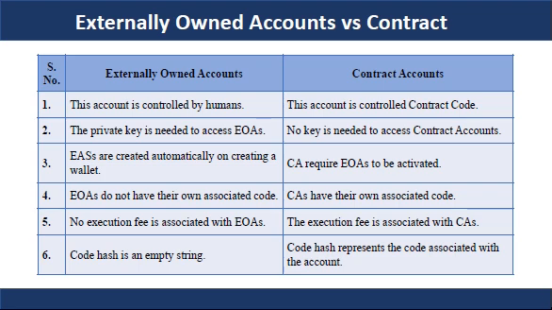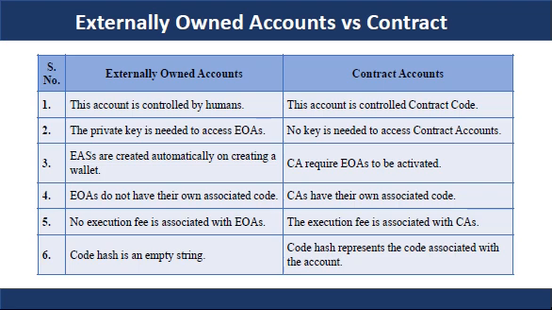So let us understand the difference between the externally owned account and a contract account. An externally owned account is controlled by humans, whereas contract accounts are basically related with the smart contracts and generated whenever the smart contract is created.